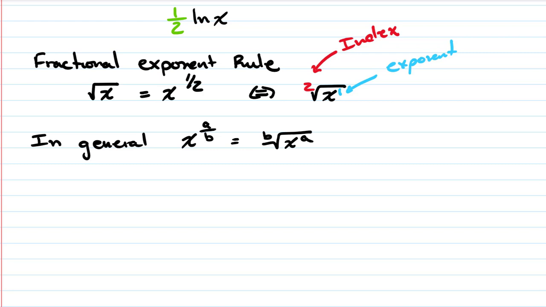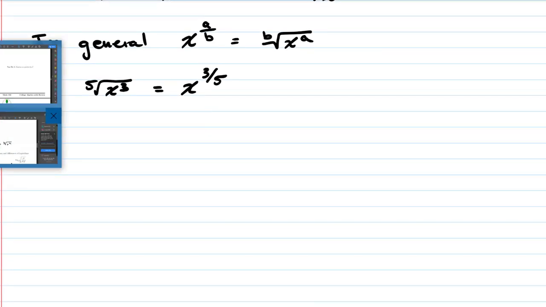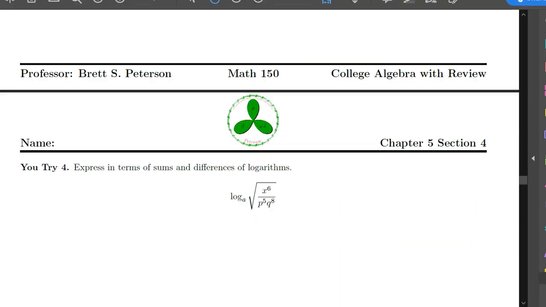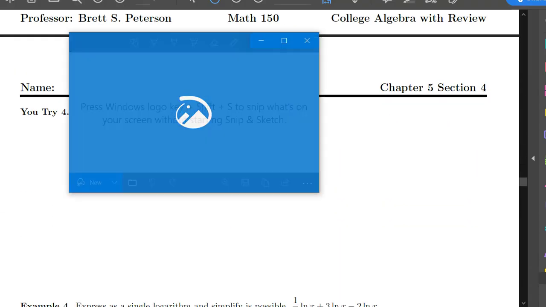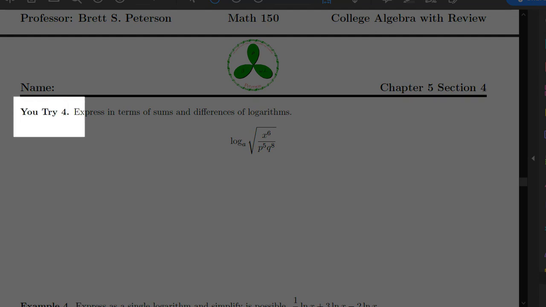So for example, if I had the 5th root of x to the 3rd power, this would be x raised to the 3/5. All right. So now that we're equipped with that, let's go ahead and have you take a look at try number 4.